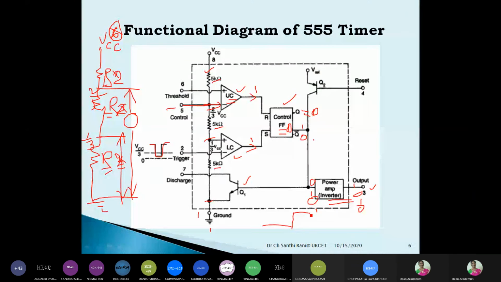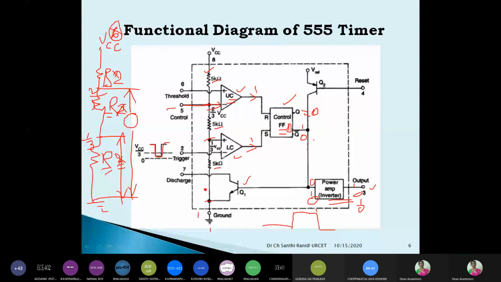So output will become 0, right? So this voltage will be changing. That means when we have this comparator transition and when we have that comparator transition depends on your reference voltage and the trigger voltage that you are giving.